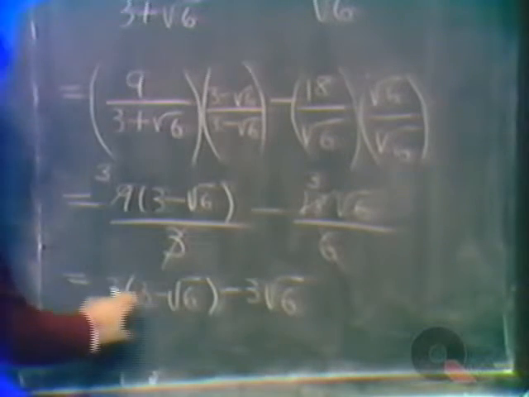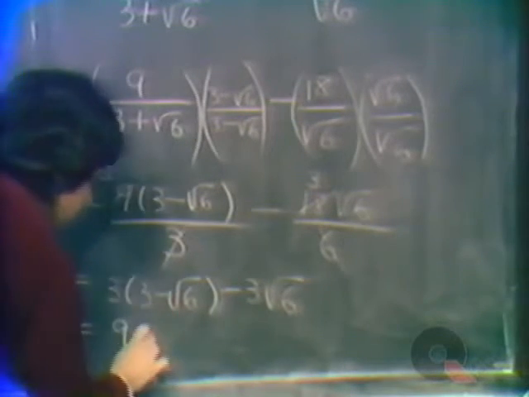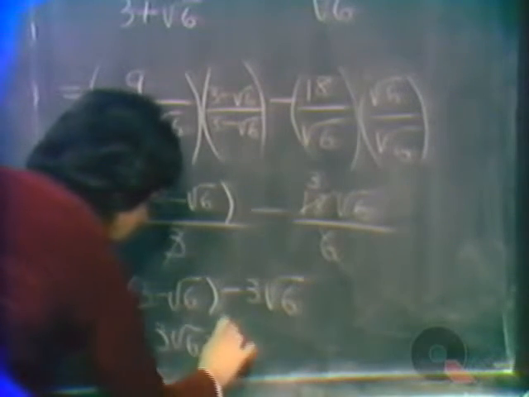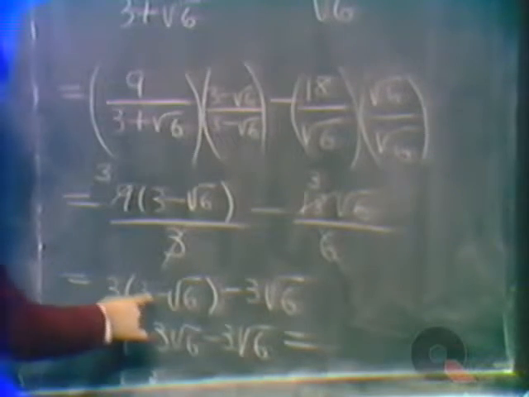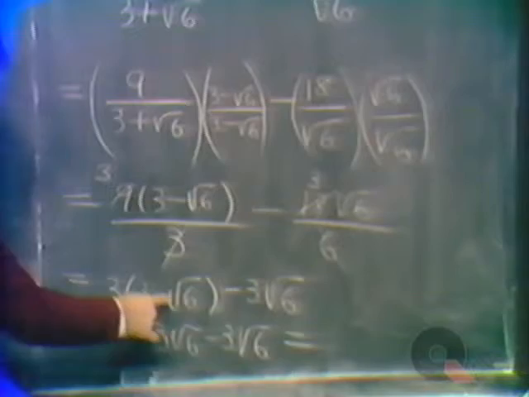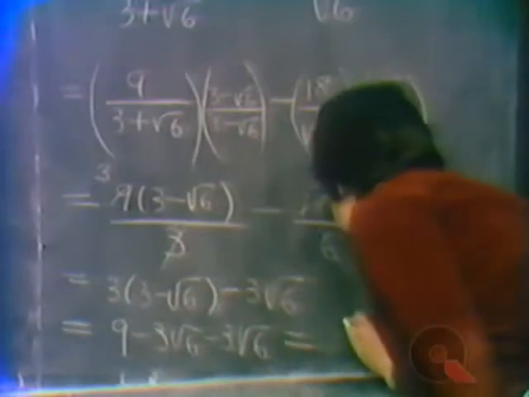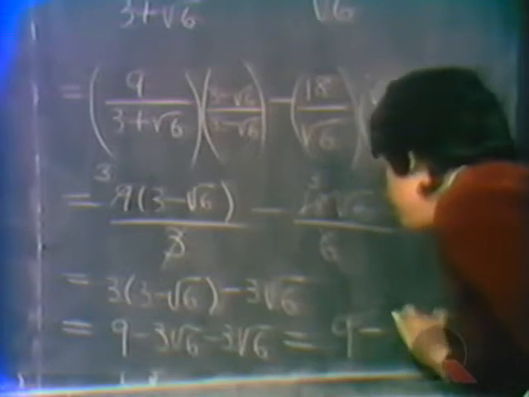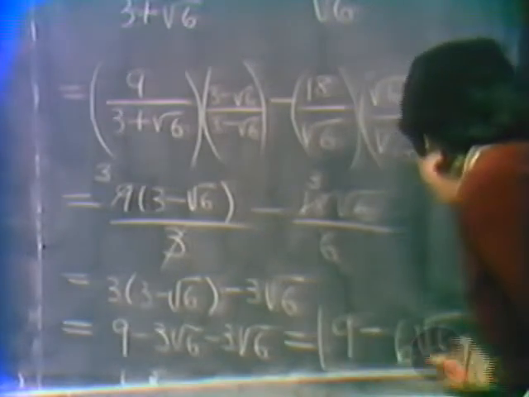We get 3 times 3, that's 9, minus 3 the square root of 6, minus 3 the square root of 6. Distribute the 3. 3 times 3, that's 9, minus 3 the square root of 6, minus 3 the square root of 6, or 9 minus 6 the square root of 6.